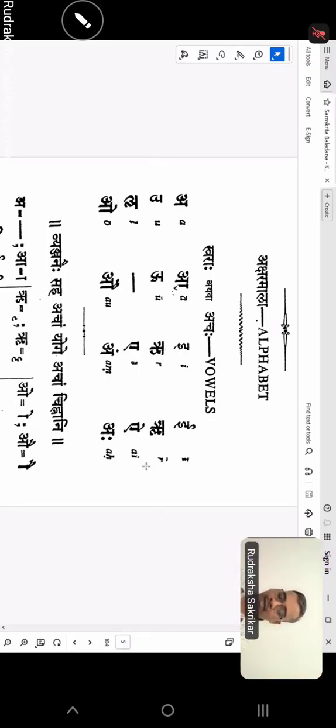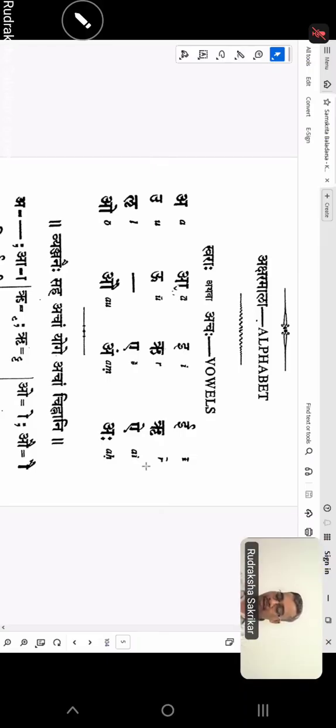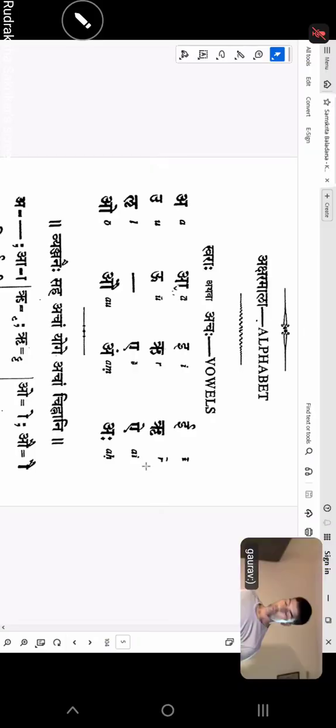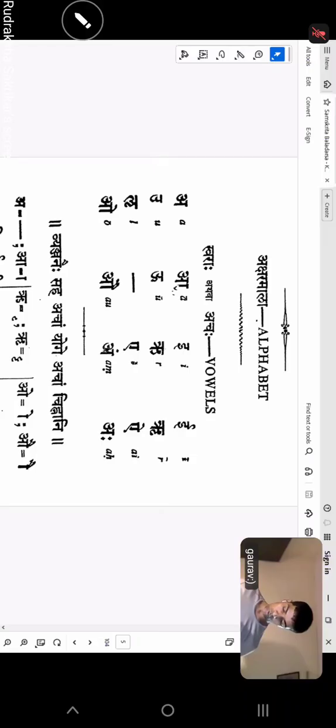When you said ai, it is coming like e, but it should be ai. Similarly, for au, it should not be o. In Hindi, we say o, but it should be au, ow. So ai and au.